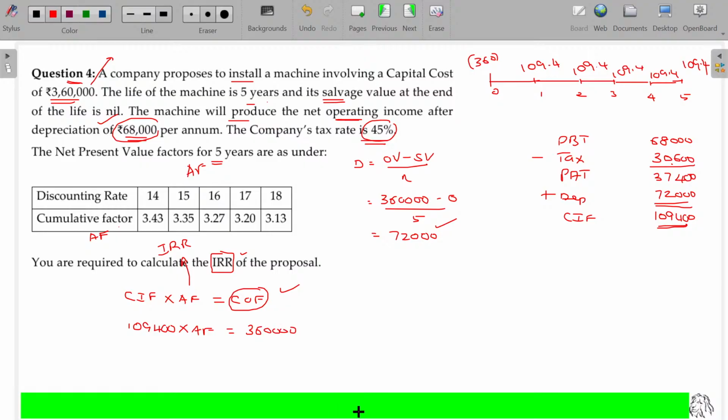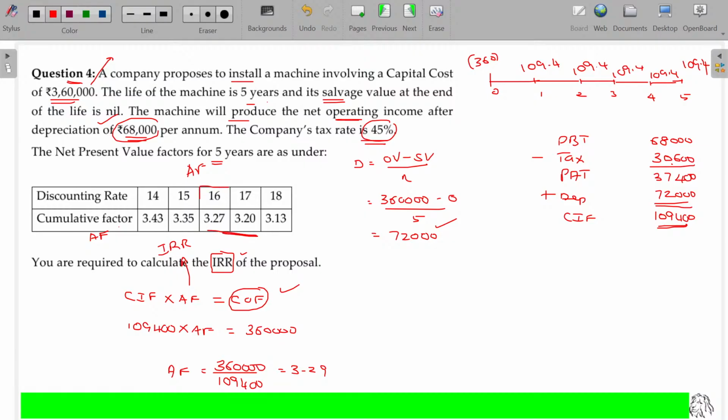So now the beautiful illustration here. We need not calculate the annuity factor and the rate of interest using the missing data. You can find out the annuity factor from here directly. Annuity factor here is equal to 3,60,000 divided by 1,09,400. Then our required annuity factor in this case being 3.29. Now find out the 3.29 here.